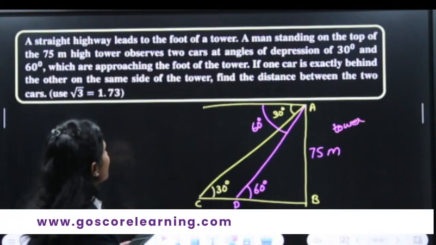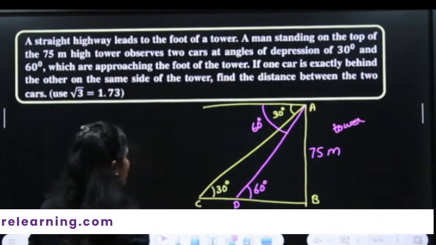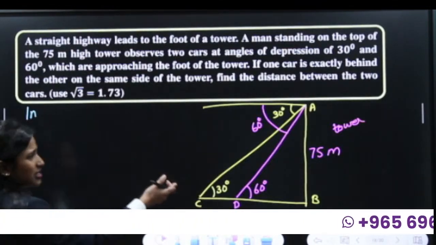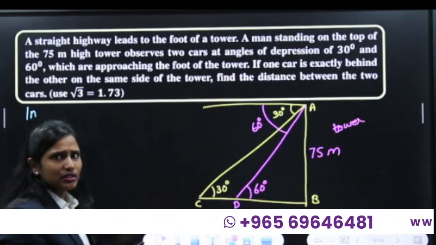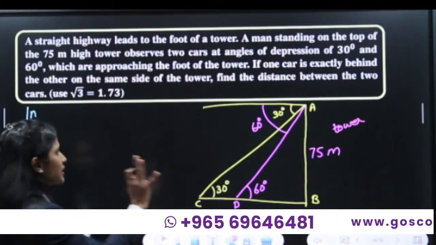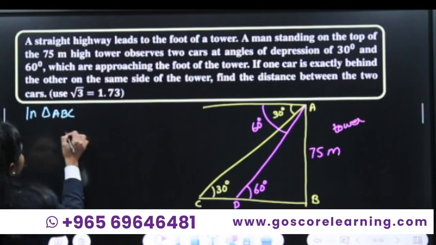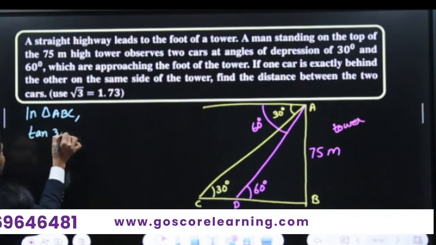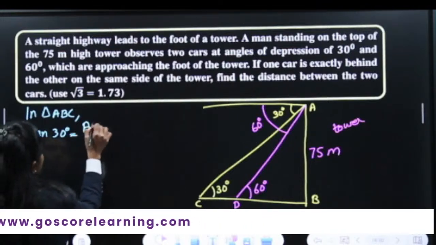Okay, so from this one, you can take first triangle ABC. You get the diagram or get the figure, then it is simple, right? So draw the figure properly, then you will get the answer. So in triangle ABC, that is tan 30 is equal to opposite side as AB by BC.